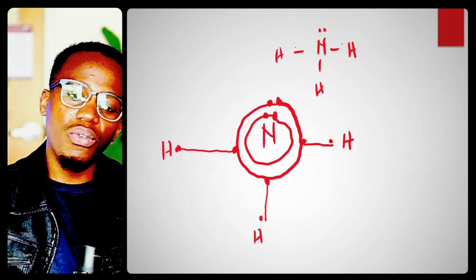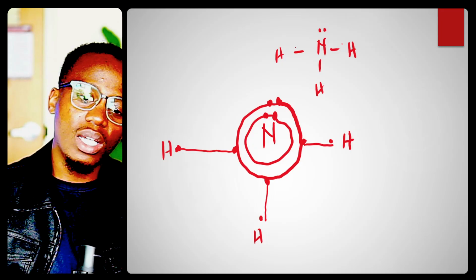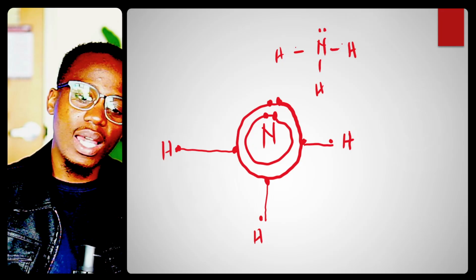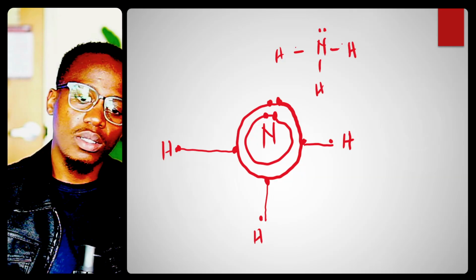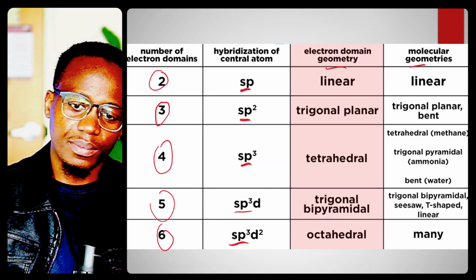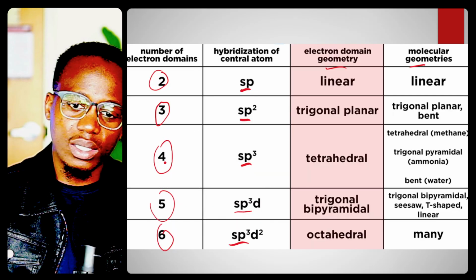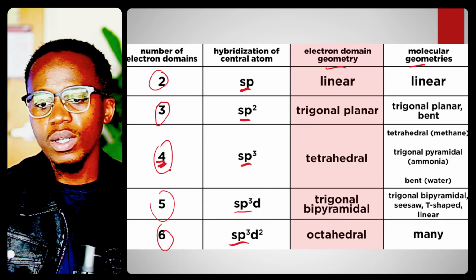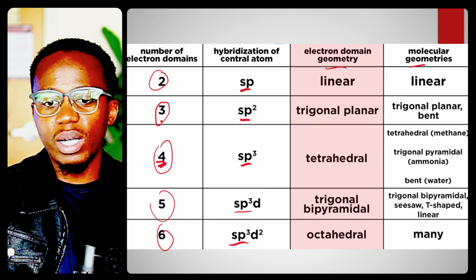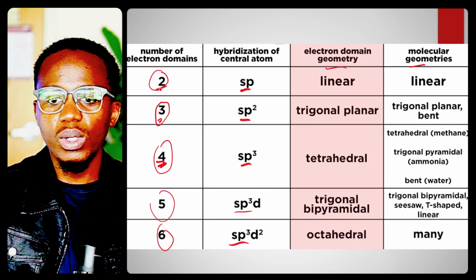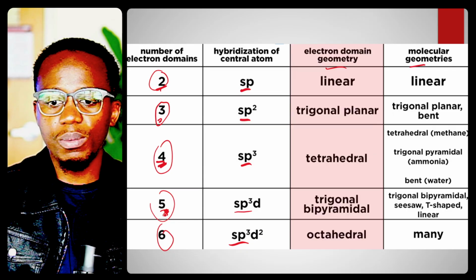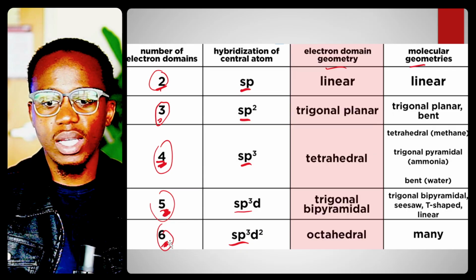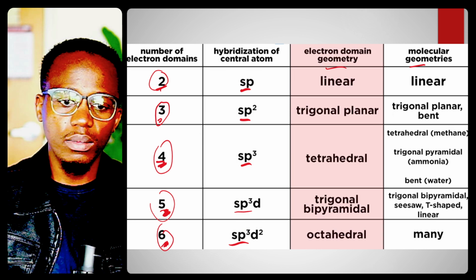If it's 1, 2, 3, 4, what will be the hybridization for NH3? It's sp3, because it's bound to 4 things. So if it's bound to 4 things, sp3; bound to 3 things, sp2; bound to 2, sp; bound to 5, sp3d; bound to 6, sp3d2. All right.